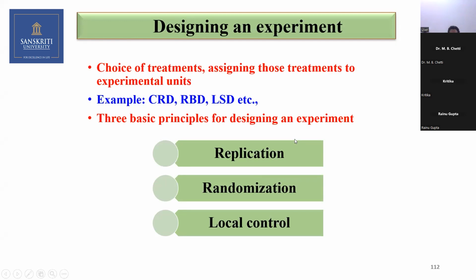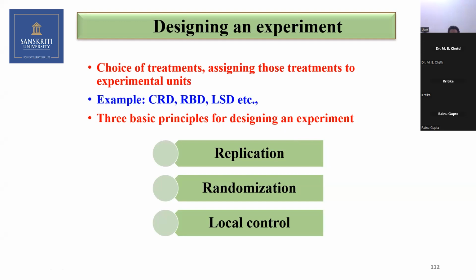Now we'll go for design of experiment. In design of experiment, we always talk about one-way analysis and two-way analysis of variance, or CRD and RCD. Before going for that, we need to understand the basic principles of experimental design. One is replication, another is randomization, the third is local control.